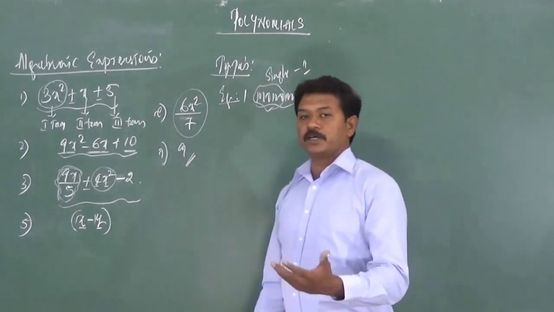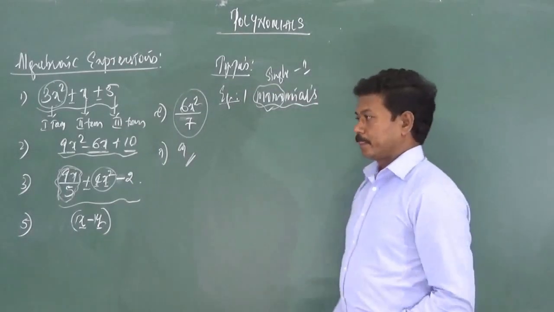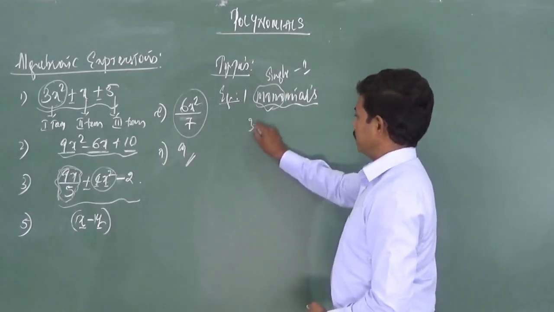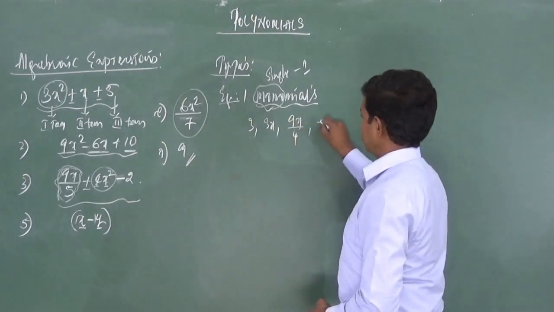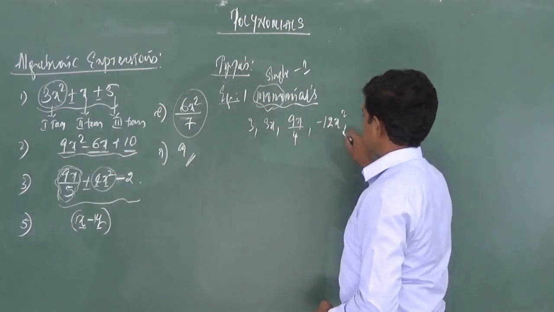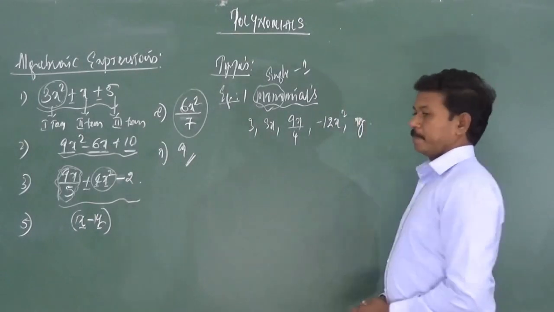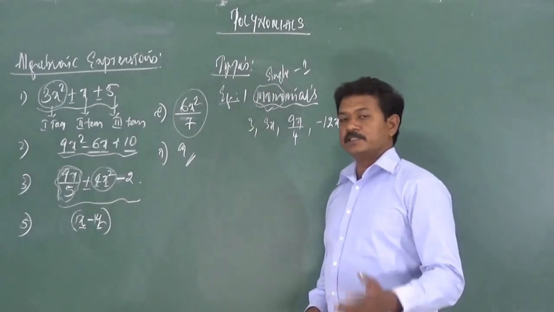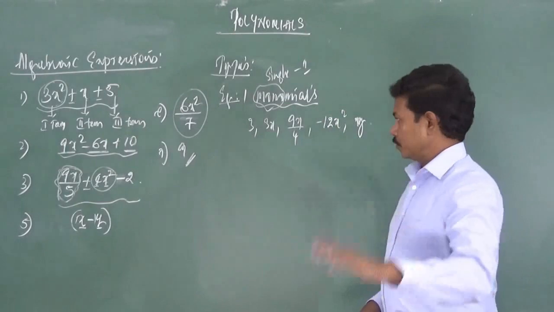An algebraic expression having only a single term, only one term, is called a monomial. For example, 3x, 9x by 4, minus 12x square, just y. These are all examples of monomials. A monomial means an algebraic expression having only one term.